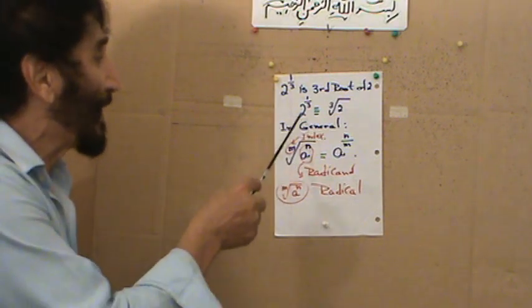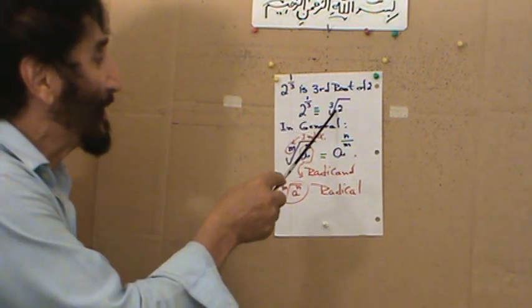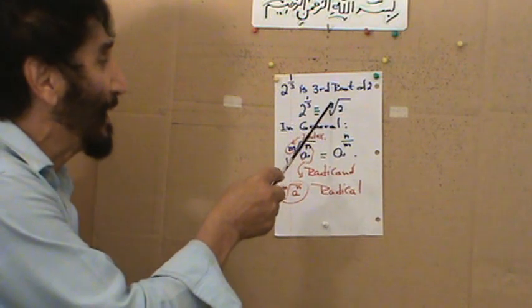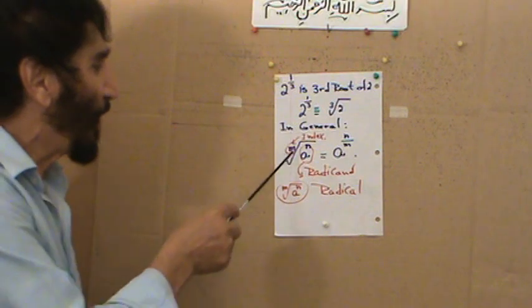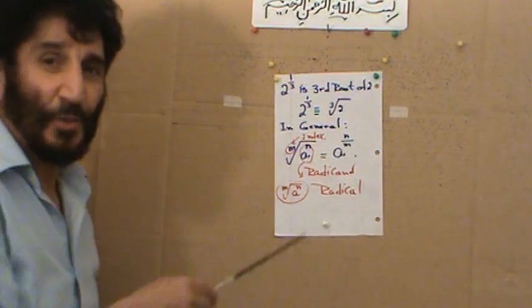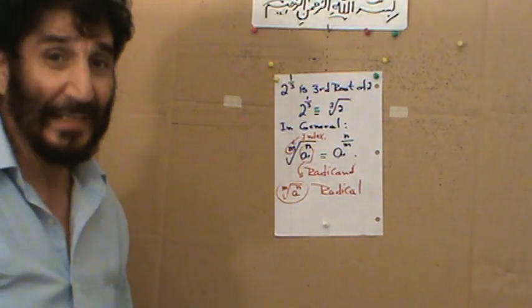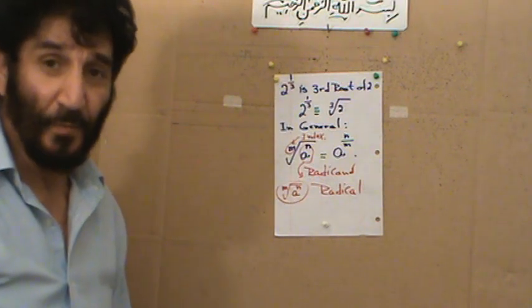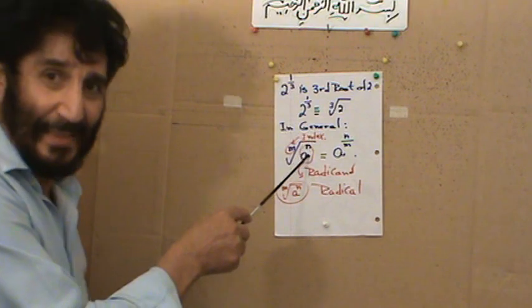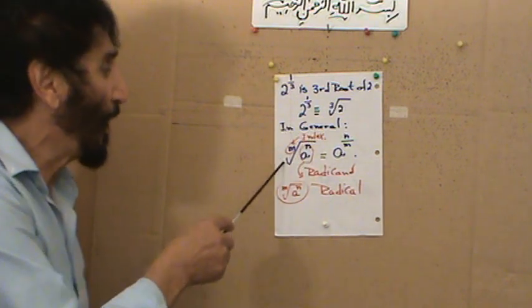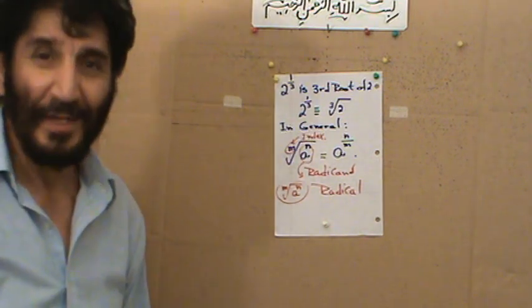And we come to this: 2 to the 1/3 is equal to the cube root of 2. We write the 3 here and 2 here, and we put a name for them. This is called the index, and it's always 2 or more, an integer: 2, 3, 4, 5, and so on. And this is called the radicand, and the whole entire thing is called a radical.